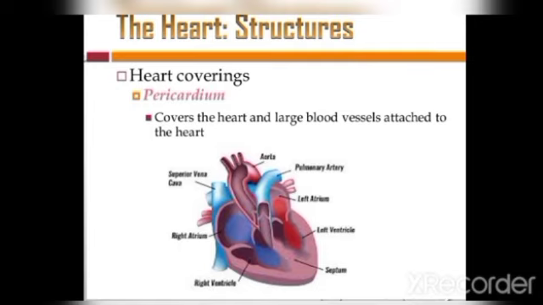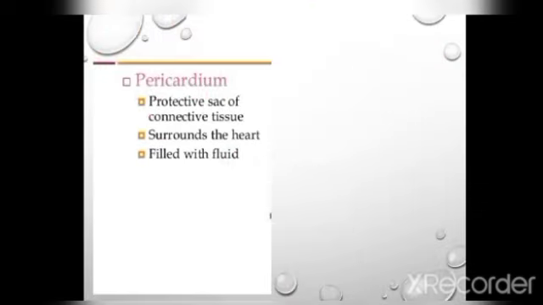In between these two layers, fluid is filled, which is called pericardial fluid. This pericardial fluid performs two main functions. One, it allows frictionless movement of the heart, and the second, it protects the heart from mechanical shock.